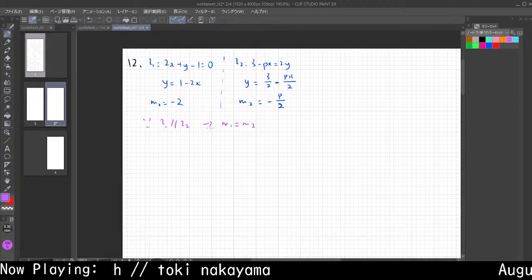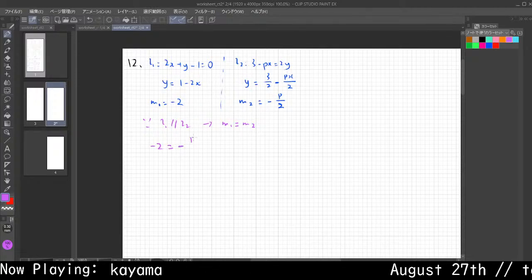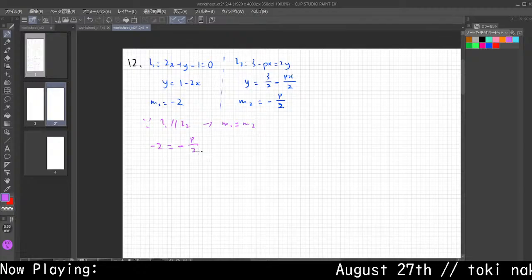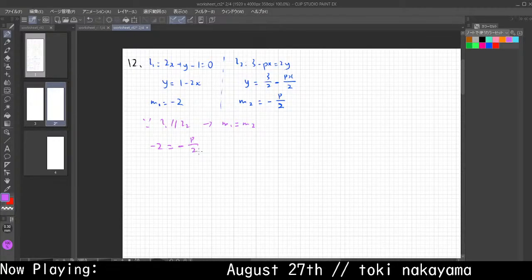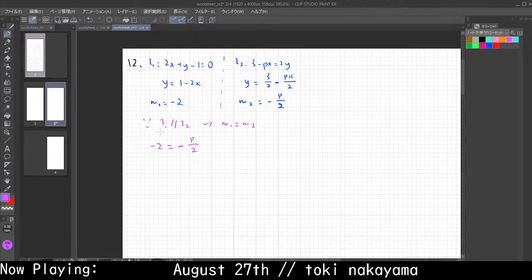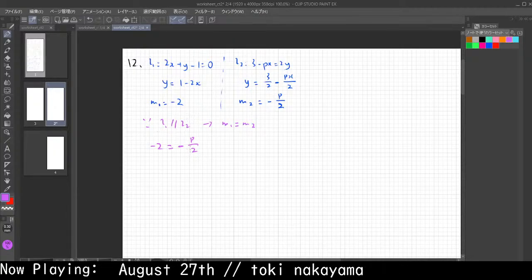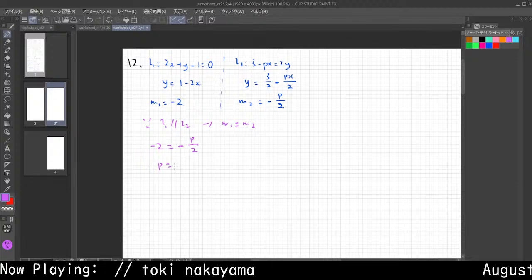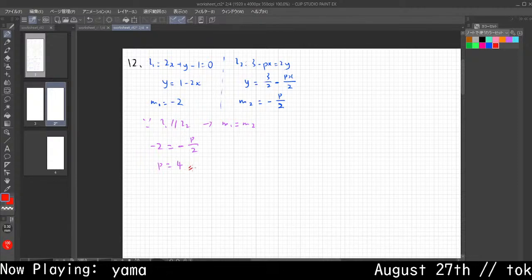So basically I would write -2 equals to p over 2. You want to find your p, the unknown. Both negative signs cancel each other out. 2 bring over to multiply, so your p equals to 2 times 2, you will get a singular 4. Nothing else you need to do. This should be your answer.